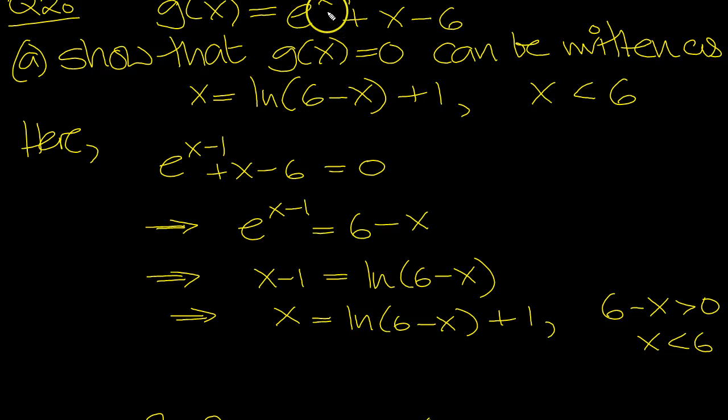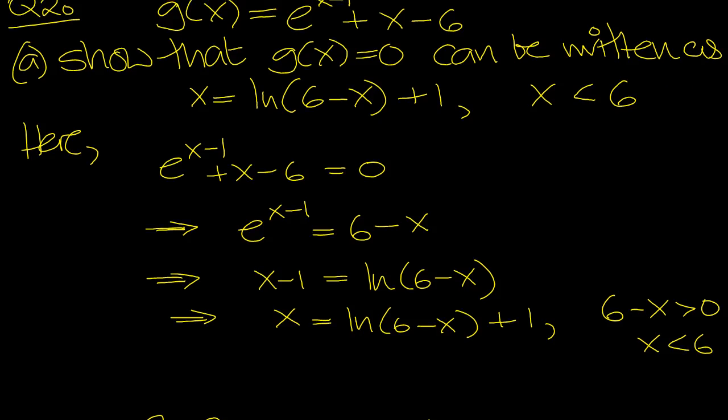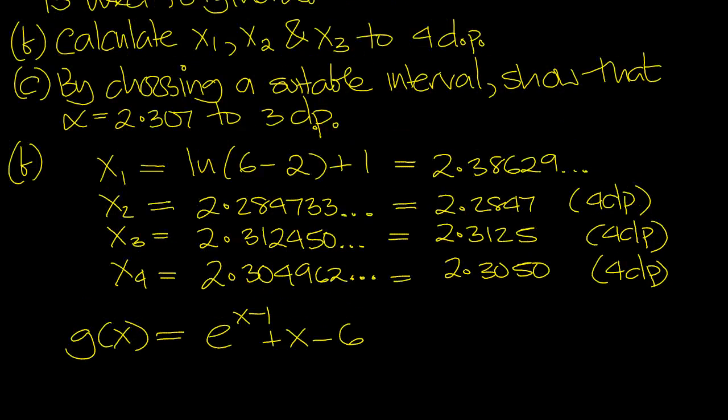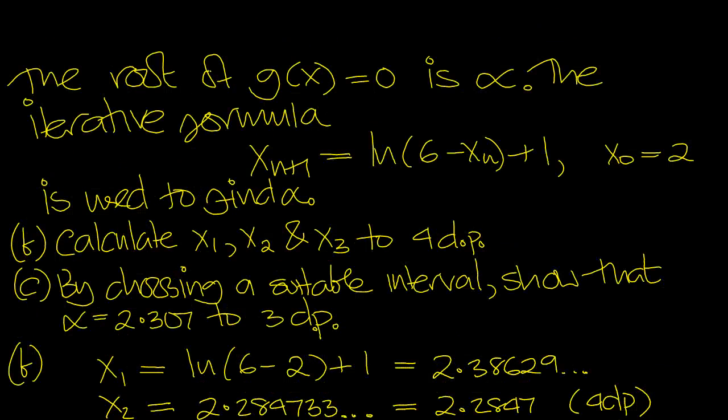We should show that alpha is equal to, so the root of this. Okay, so we could look at that value, or we've got the iterative formula here used to find alpha, so we can use this iterative formula, can't we? And we've done that.